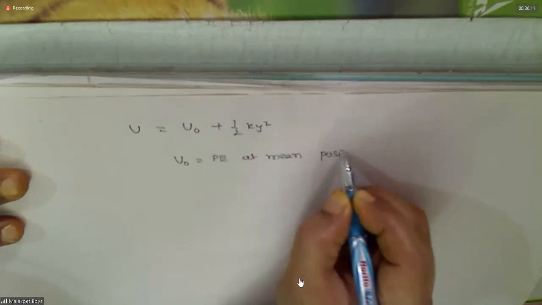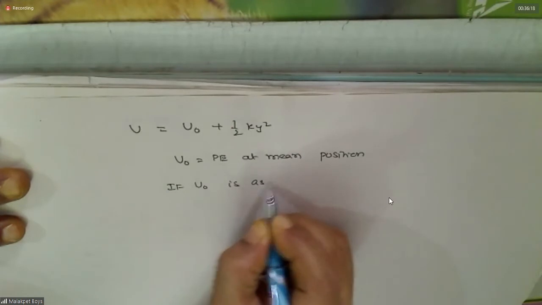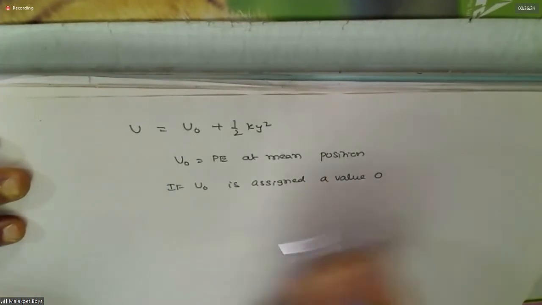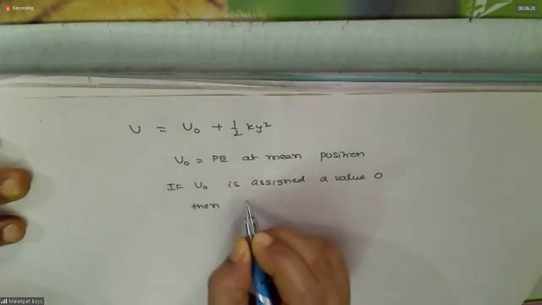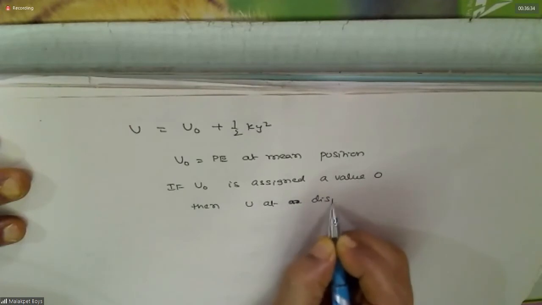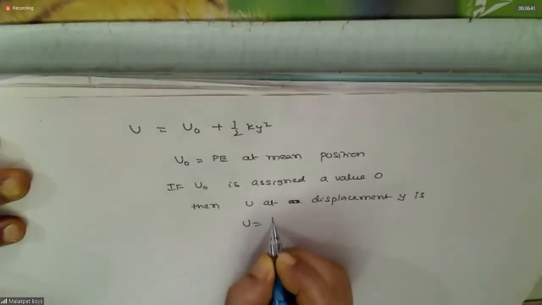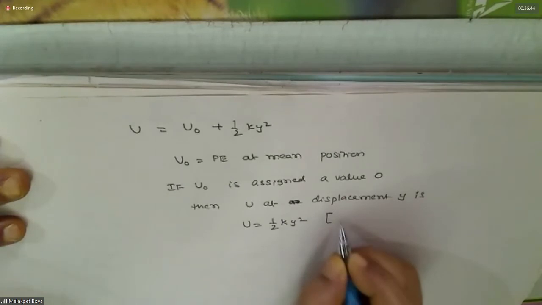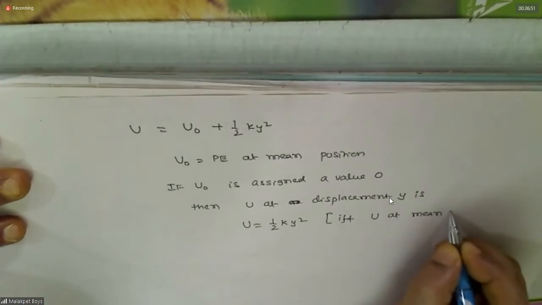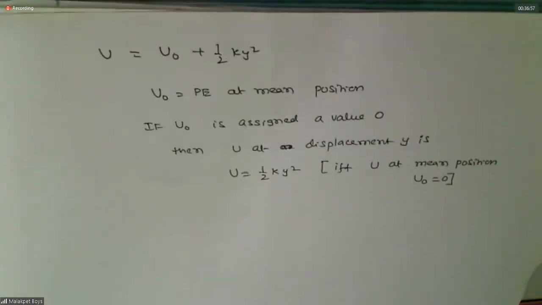It is the potential energy at the mean position. Understood this? Is it clear?